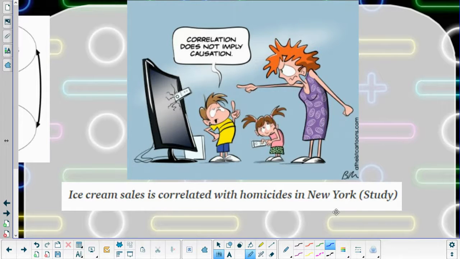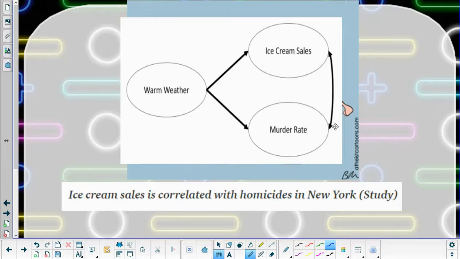Here's another example. This was a true study that came up and said ice cream sales are correlated with homicides in New York City. So do ice cream sales cause homicides? Homicides are murders. Do murders cause ice cream sales? No, not really. But if we look at it like this, warm weather caused those things.